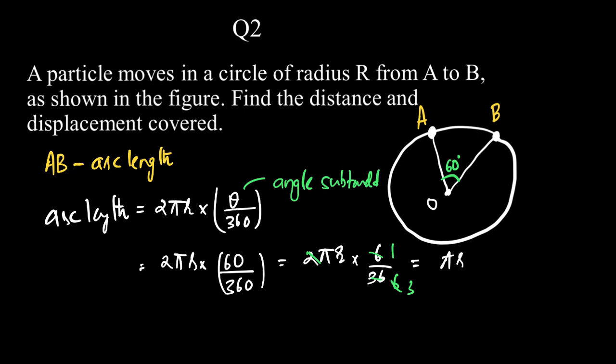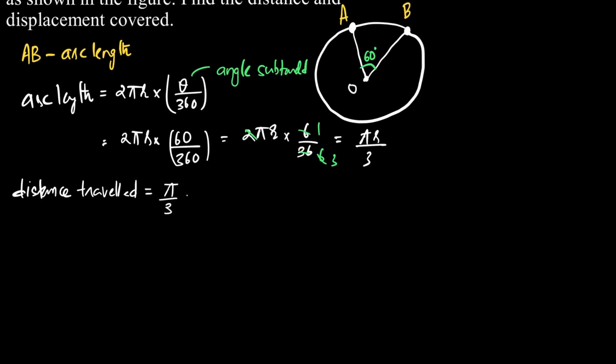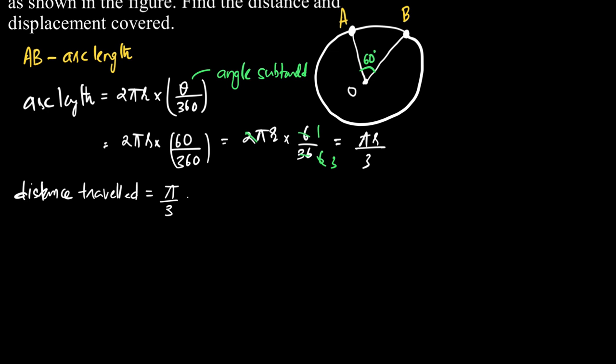So the distance is pi r by 3. So the distance traveled is equal to pi r by 3.